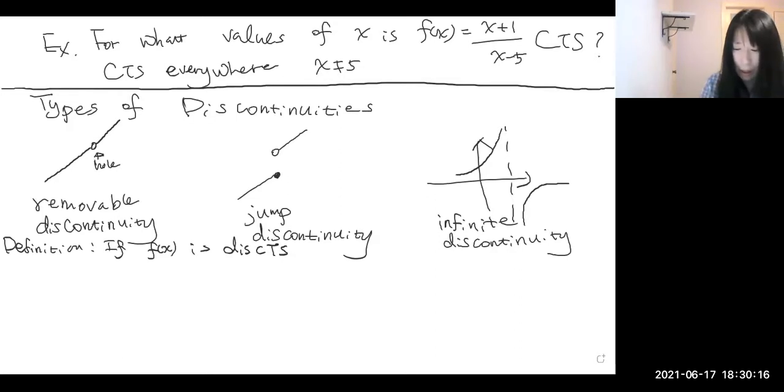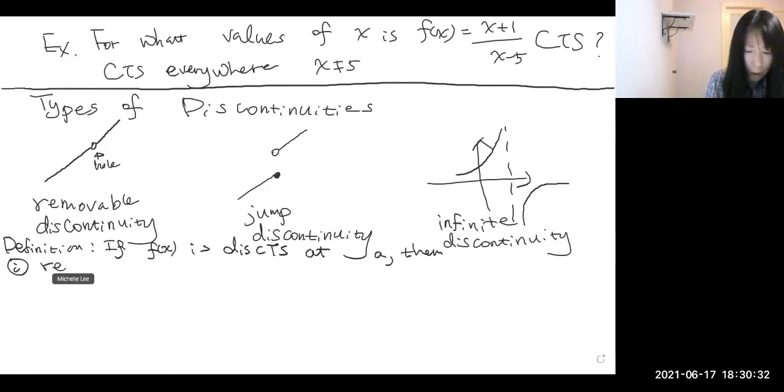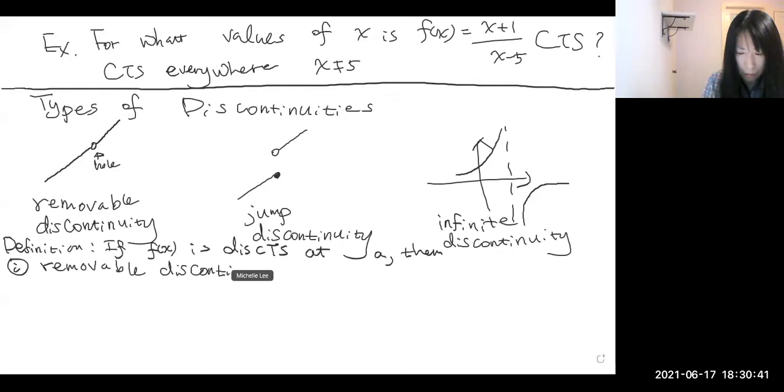Continuous at a, then first one, removable. Let me just make it short. The limit exists.